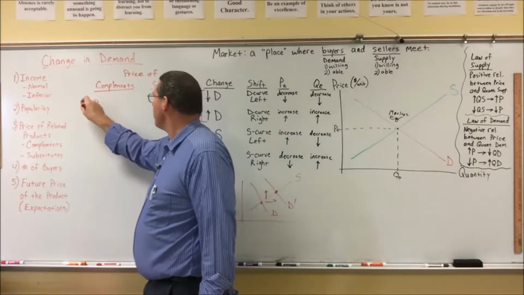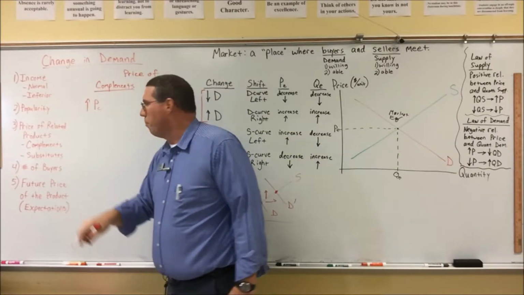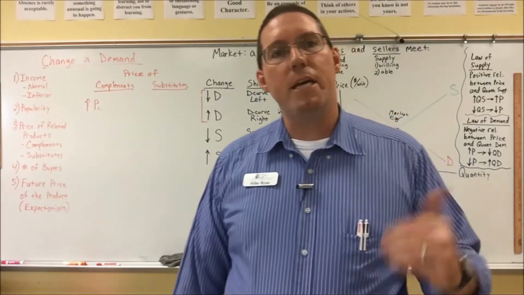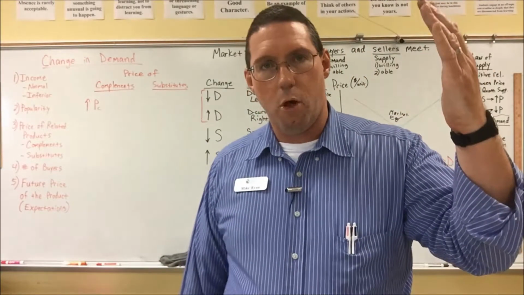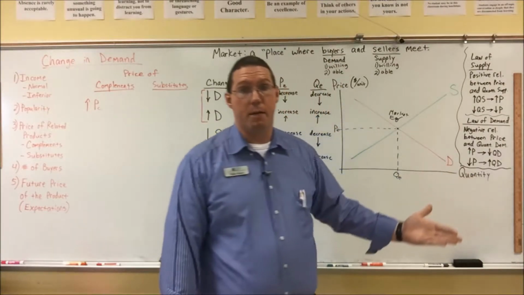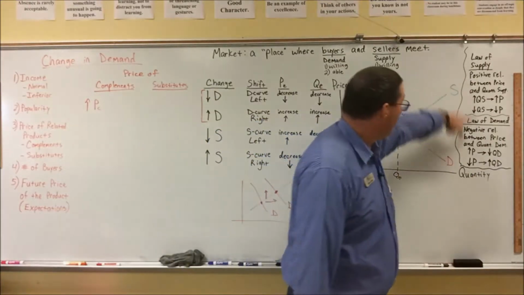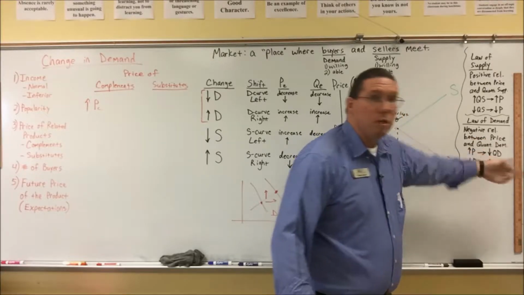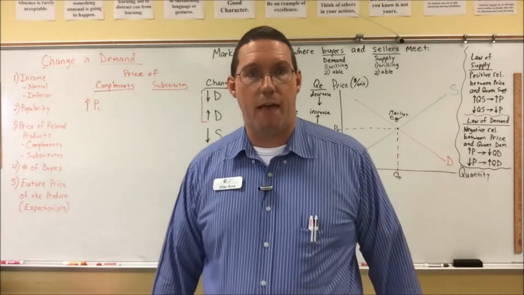When there is an increase in the price of a complement good, when the price of peanut butter goes up, what will happen to the quantity demanded of peanut butter? Well, based on the law of demand, when the price goes up, people will demand less of that good.